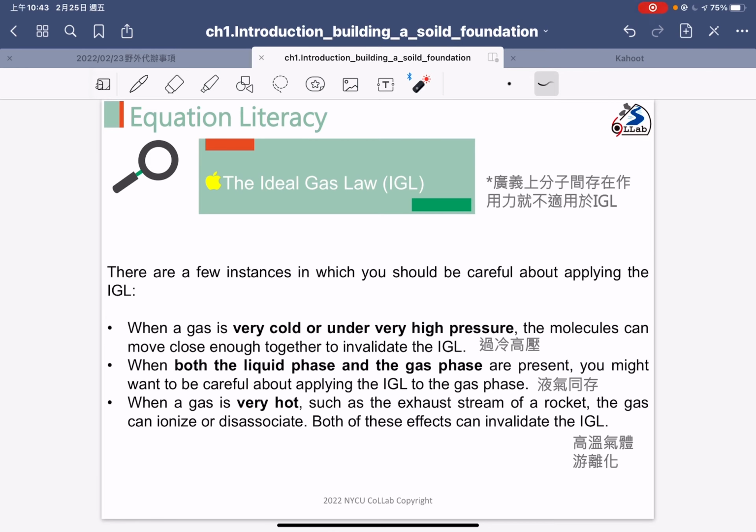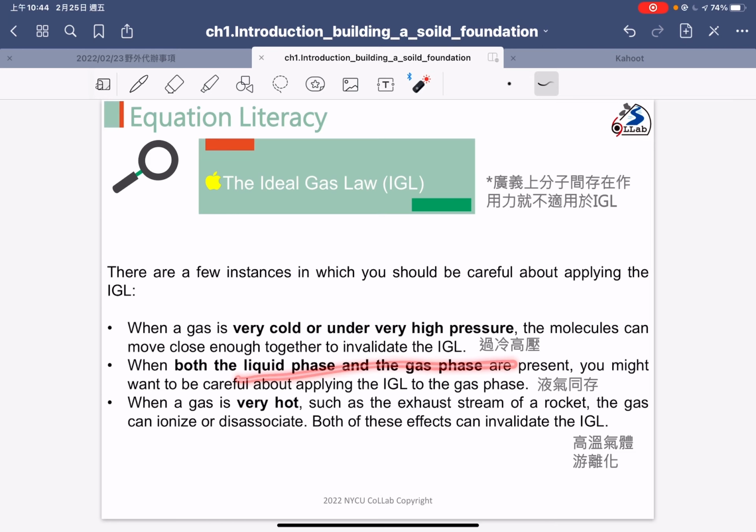Okay, so you need to take notice that for the first condition, we cannot use the ideal gas law. The second condition, if the environment is not homogeneous gas, if there are two phases, the liquid and the gas, as we know, the two different materials will have some interactions. So we also cannot apply the ideal gas law.